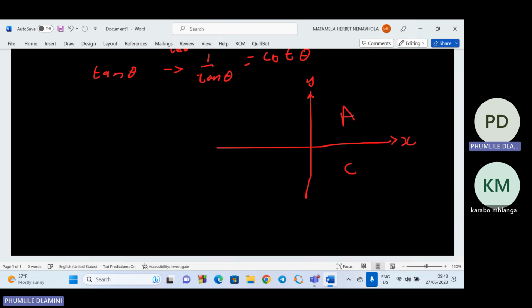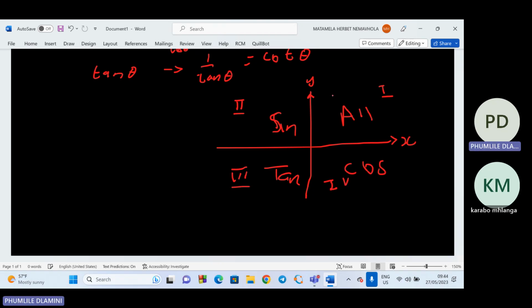Normally in this graph it starts with C here, then A, then S and T. When you read CAST, this means cos, this means all, this means sine, this means tan. This is the first quadrant, this is the second quadrant, this is the third quadrant, and this is the fourth quadrant.